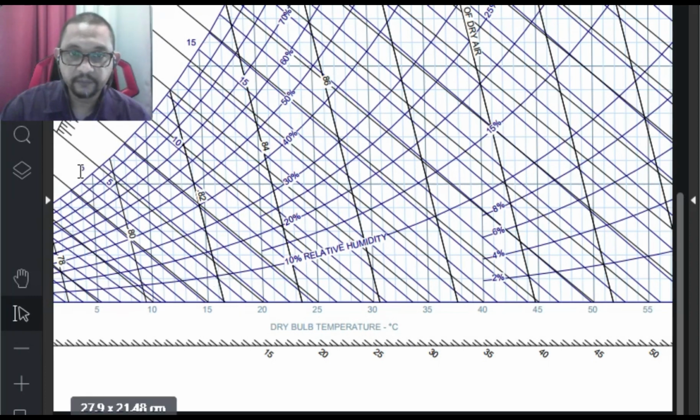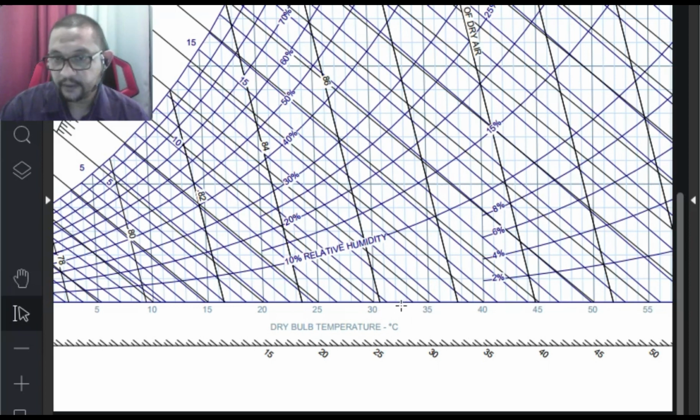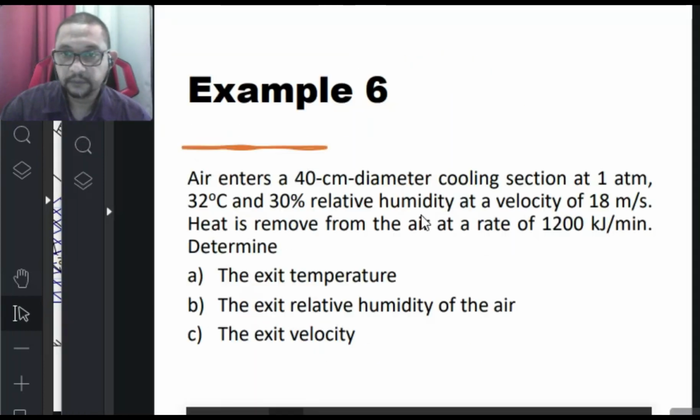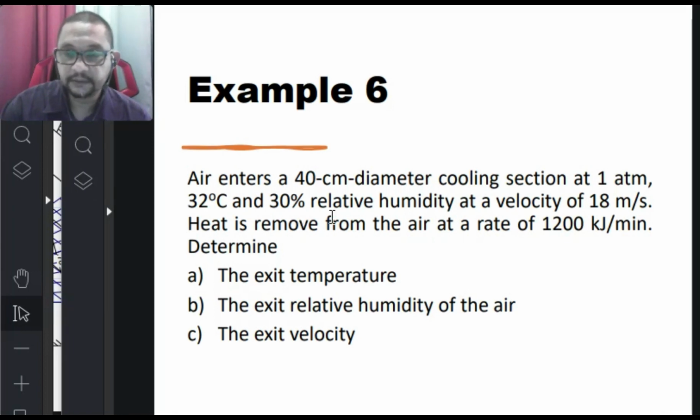Okay, this is around 32, and then the relative humidity is 30%.